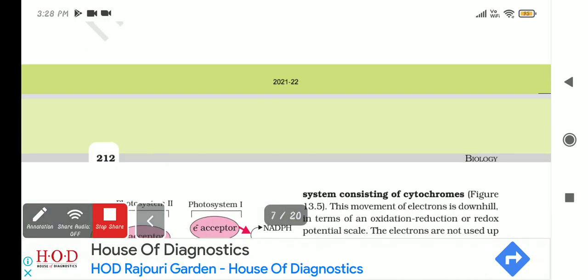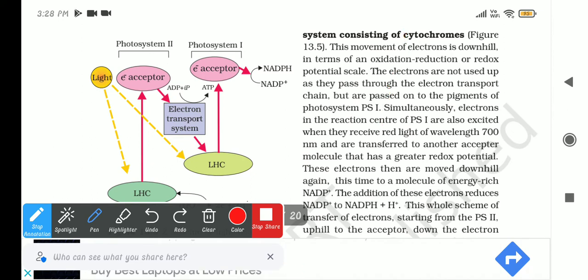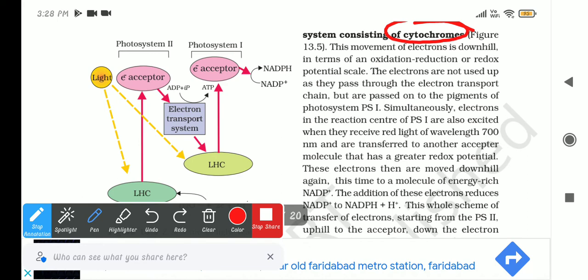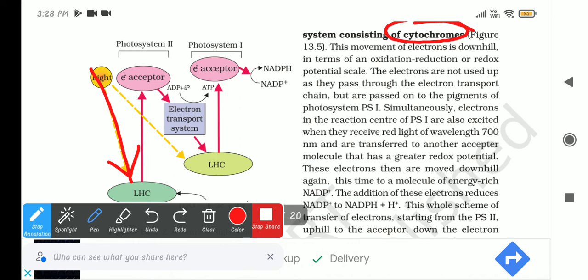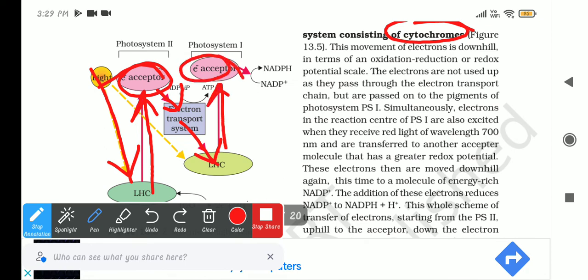electron transport system, which has cytochromes. The movement of electrons is downhill. Light falls here, the electrons get excited here, are accepted here, then go to the electron transport system, then fall on the first photosystem and get excited again, and then the electron acceptor accepts them.